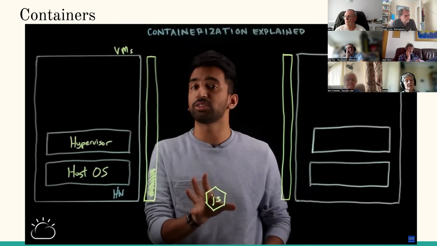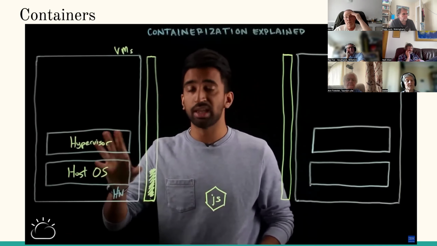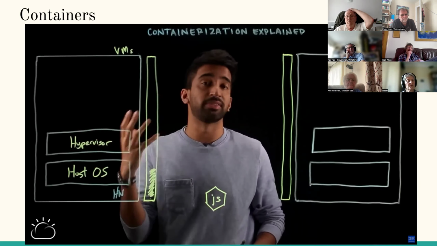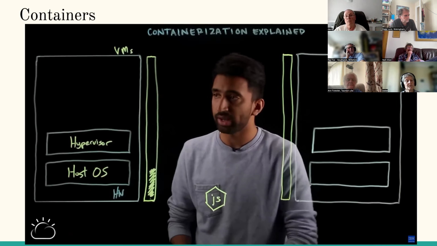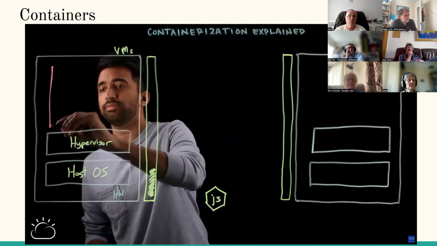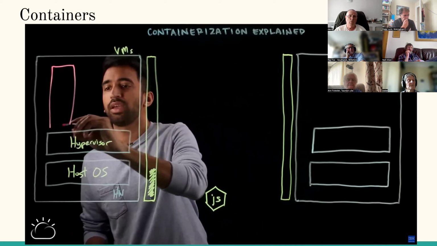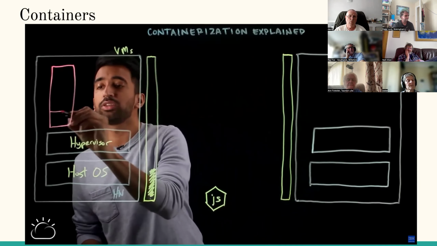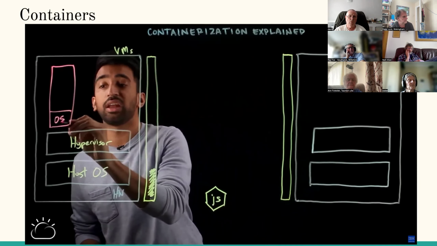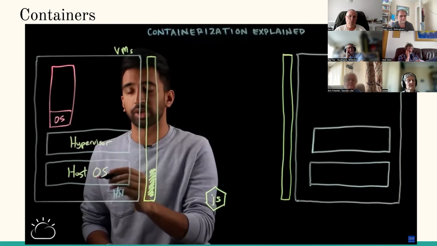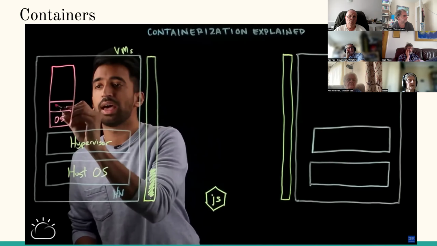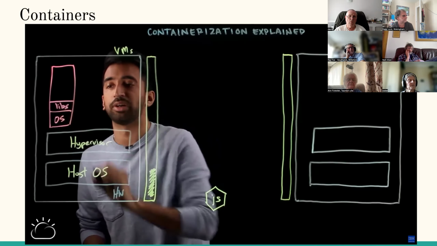Next, let's go ahead and take this JS application and push it in. To do that, I need a Linux VM. So let's go ahead and sketch out that Linux VM. In this VM, there's a few things to note. We've got another operating system in addition to the host OS. It's going to be the guest OS, as well as some binaries and libraries.